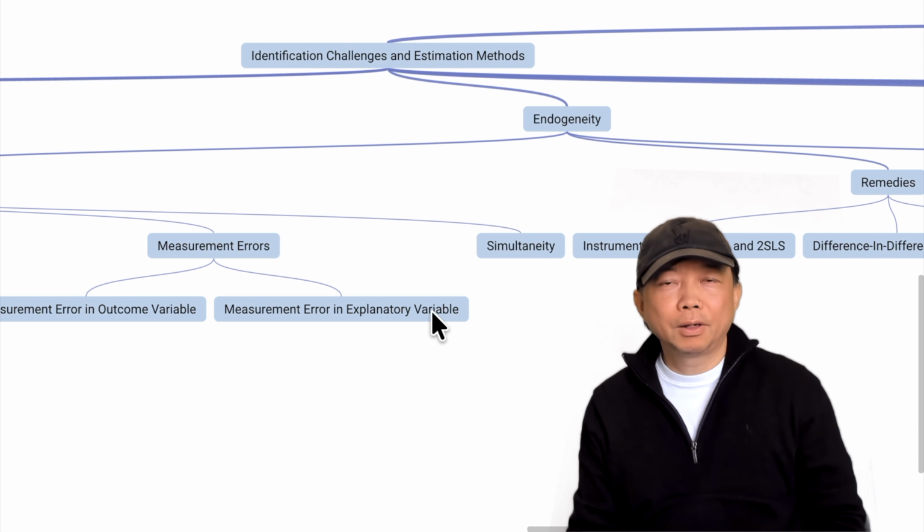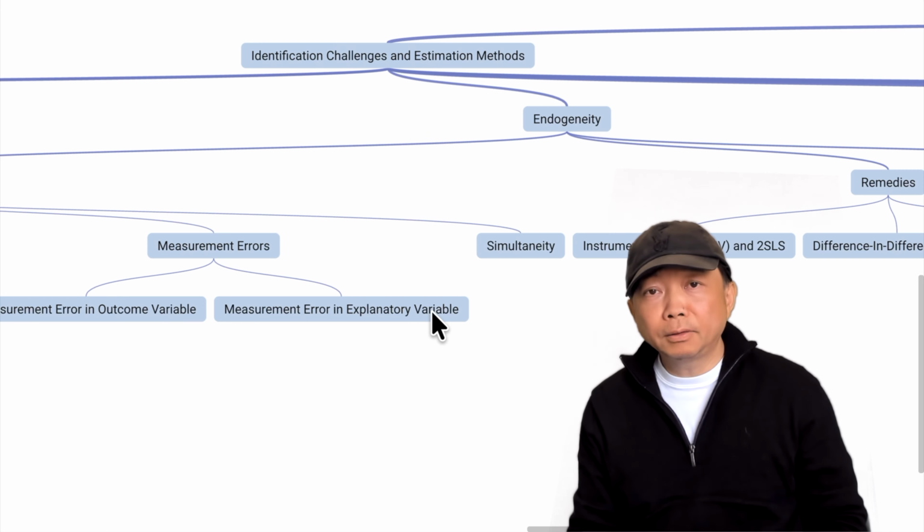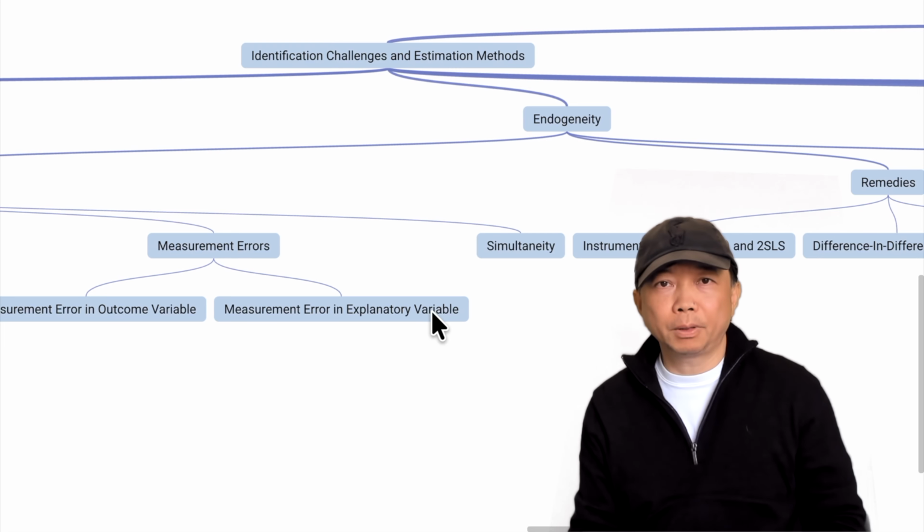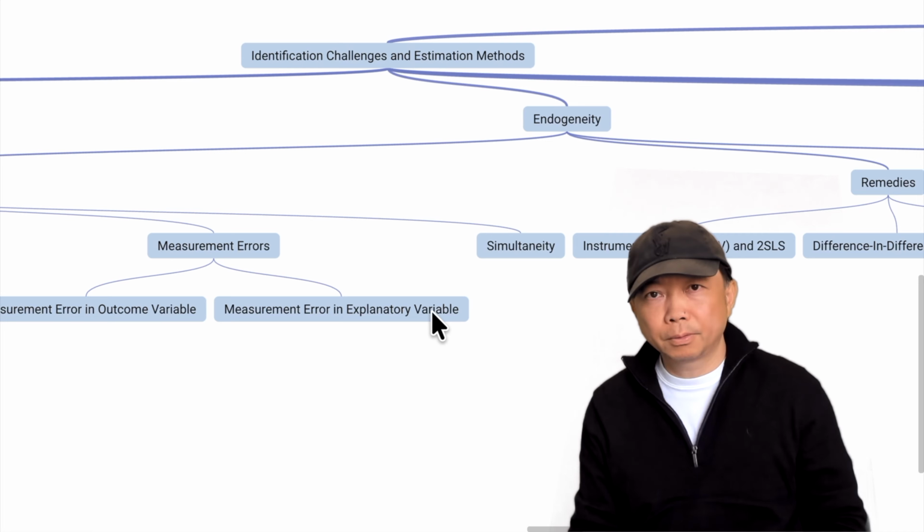In other words, the estimated marginal effect is less than the actual marginal effect. Therefore, if we find a non-negligible marginal effect of an explanatory variable, the measurement error in that explanatory variable should not be a major concern because the actual marginal effect could be larger.